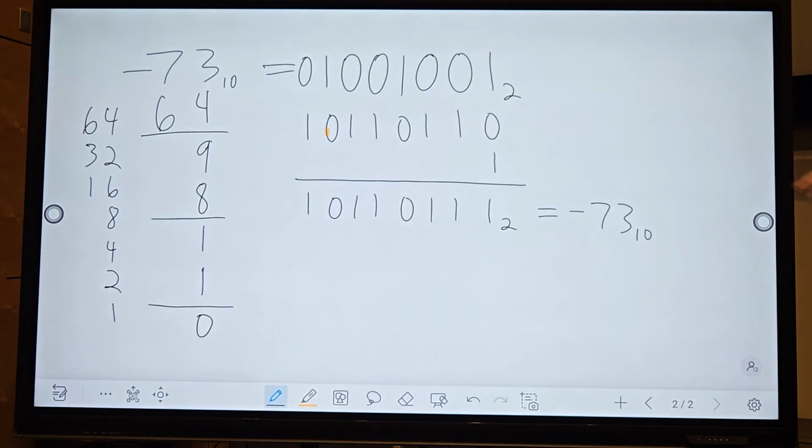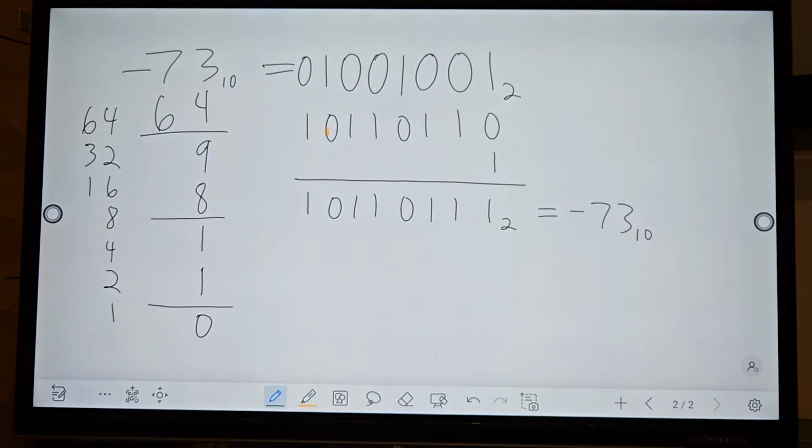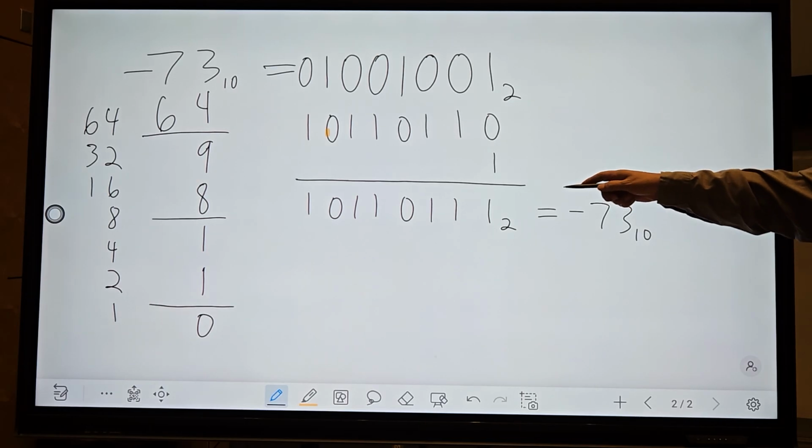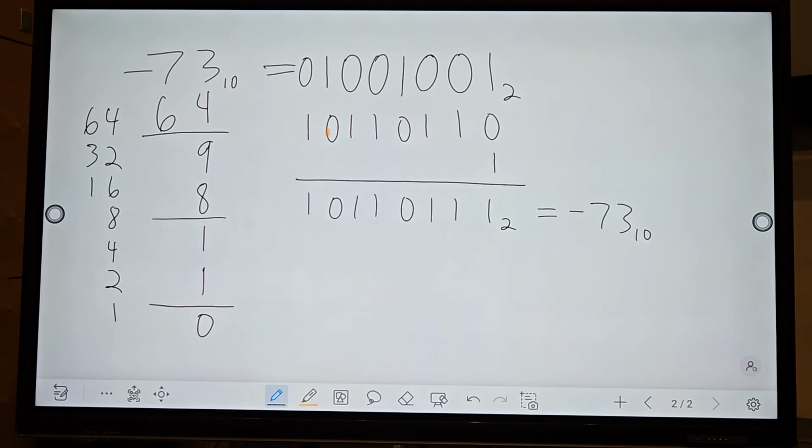And what I showed you on the first board. Subtraction is just adding a negative number. So for subtraction, you make it a negative number, and then you add it to the first number. That's all subtraction is, adding a negative number.